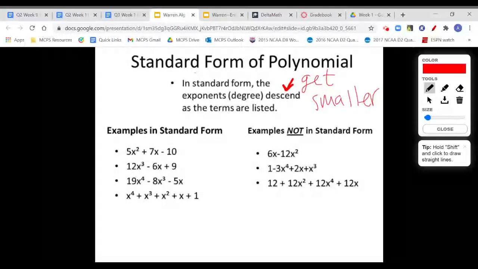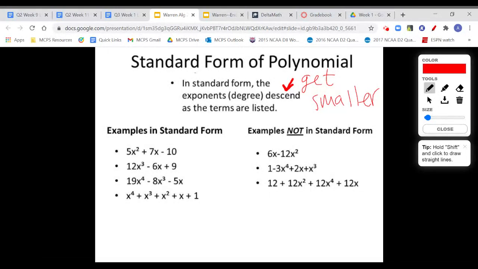Right. Other examples are also listed there, but you'll notice every time you go from the largest to the smallest exponent with the constants at the end. On the right side, you can see some examples not in standard form. So for instance, 6x minus 12x squared, you notice that my exponent actually gets bigger throughout. So I go from x and then x squared. Same thing in the second example.